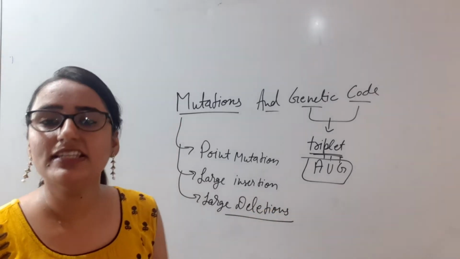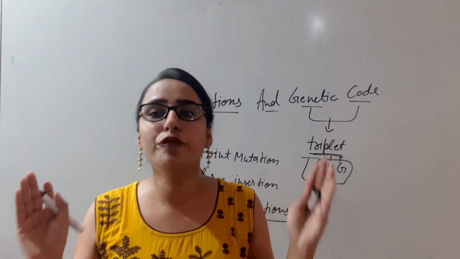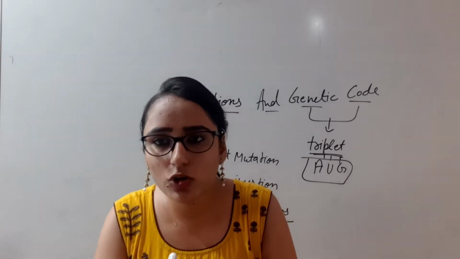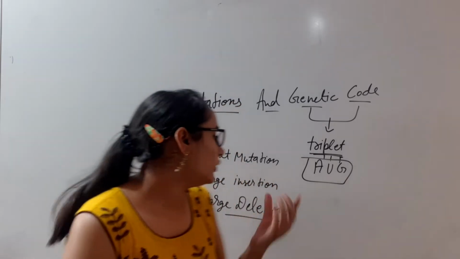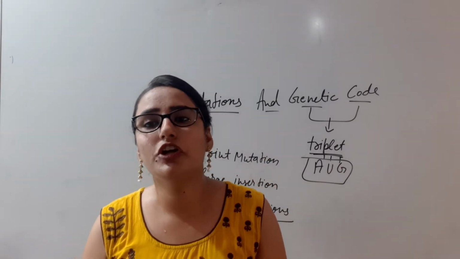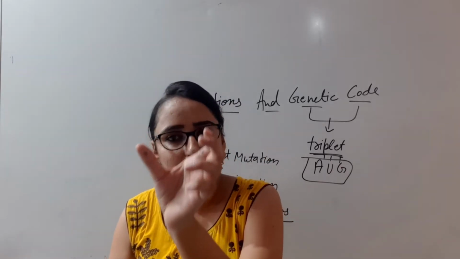Large insertions means a stretch of more than 8 to 10 nucleotides are inserted at a particular site in the RNA. Or large deletion means a stretch of 8 to 10 nucleotides are deleted from a particular RNA.